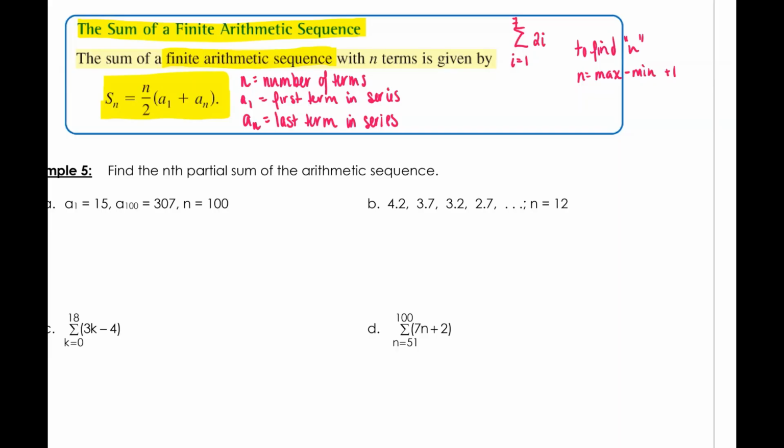Now the max minus the min plus 1 is always going to be the upper limit of summation only when you start with 1. So it's better to use this generalized form for all of them instead.